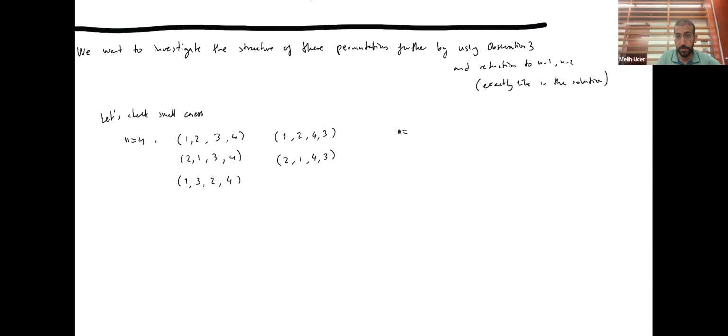For n equals 5, when the last term is 5, we should have these 5 permutations. So all of these with the last term added 5. Yeah, okay, let's write it exactly like that. Let's write everything.